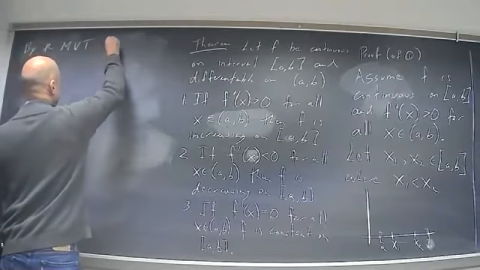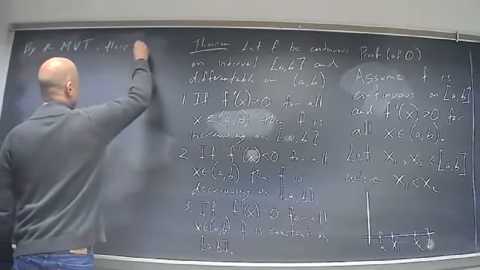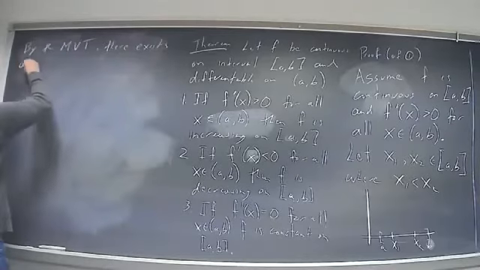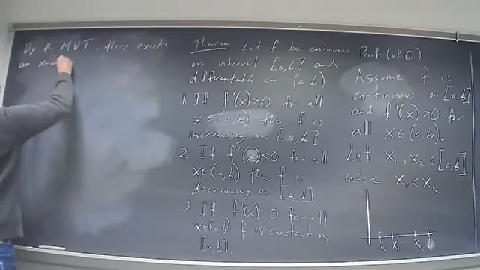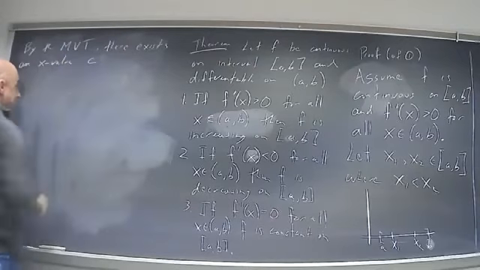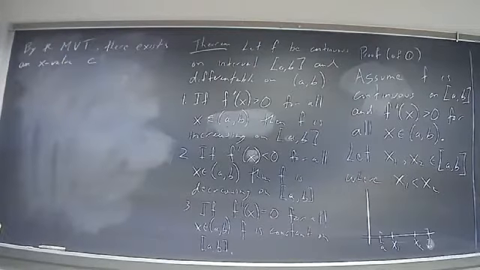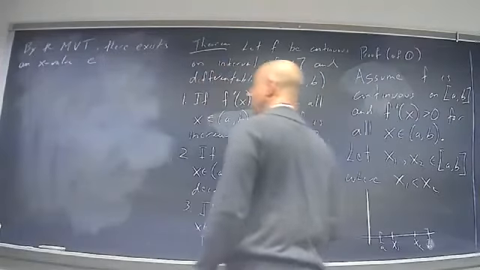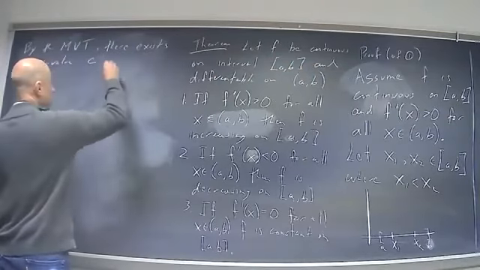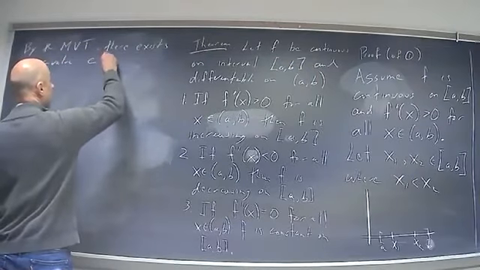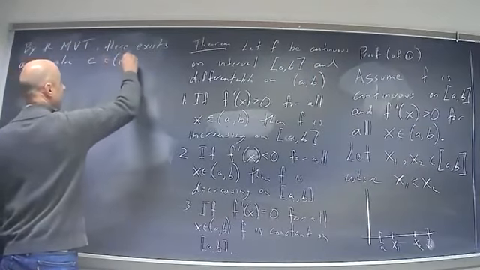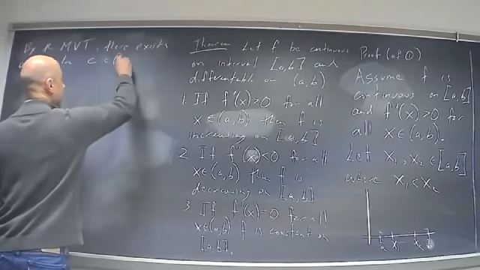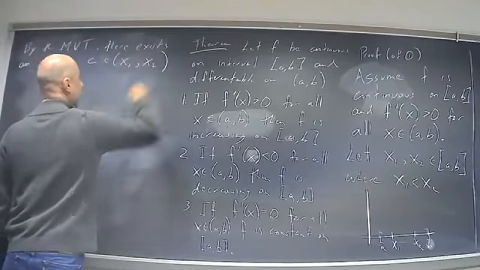there exists an x value. We know what this says. There exists an x value, c, x equals c, somewhere between x1 and x2.